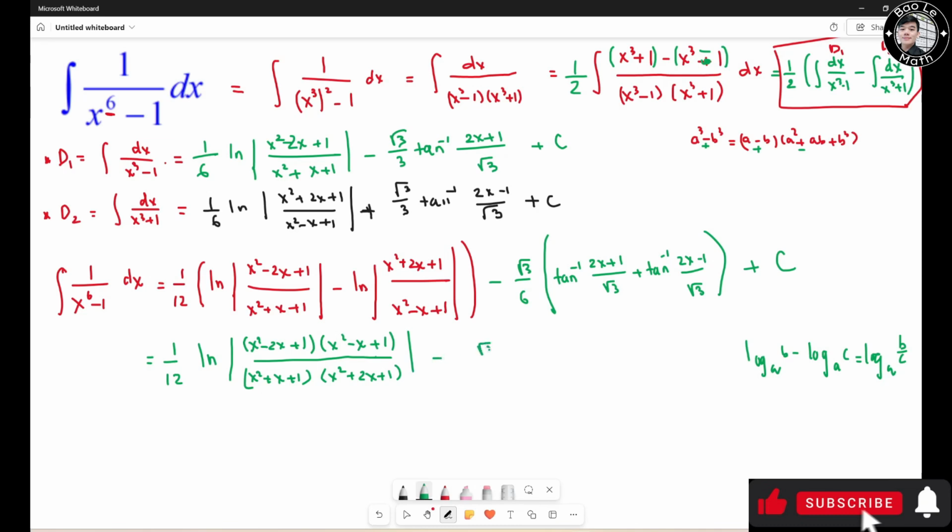Subtract root 3 over 6 multiplied by tangent inverse of 2s plus 1 over root 3 plus tangent inverse of 2s minus 1 over root 3 plus c. And this is the final answer for this one.